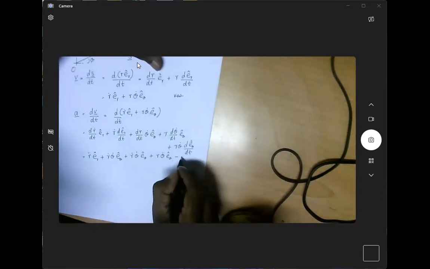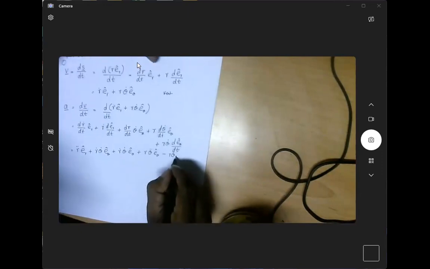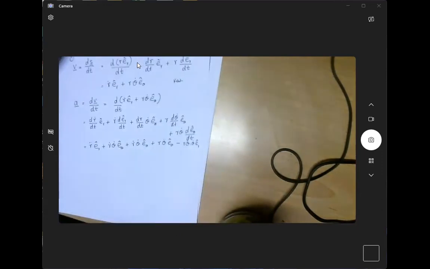So we have minus r theta dot into theta dot er. Right?